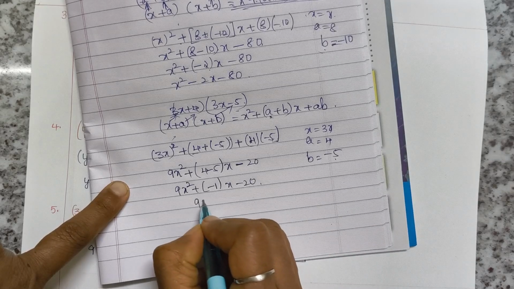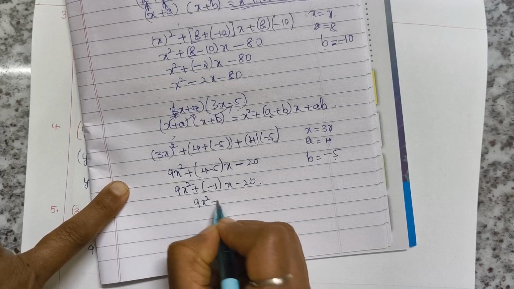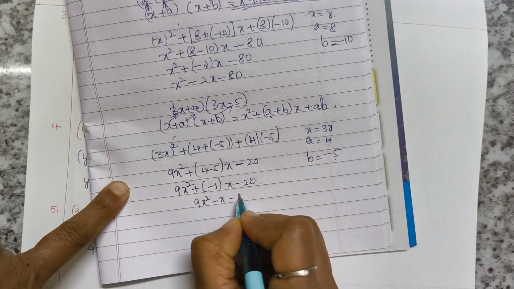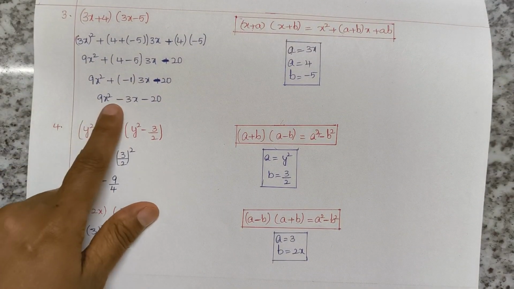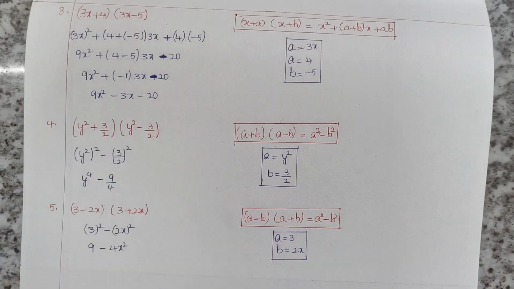So 9x² - x - 20 is the answer. Fair notes also I have given.